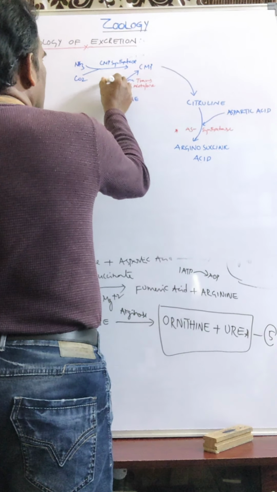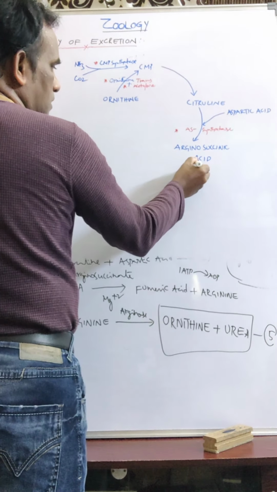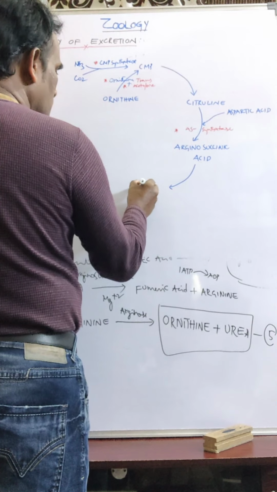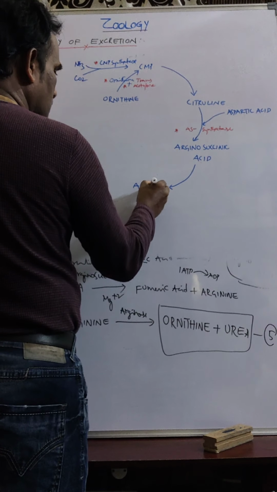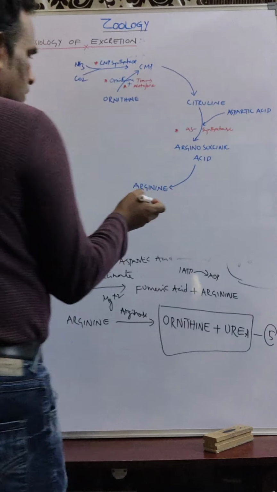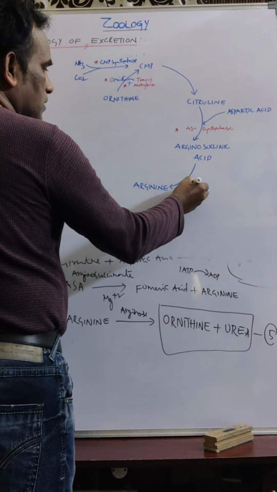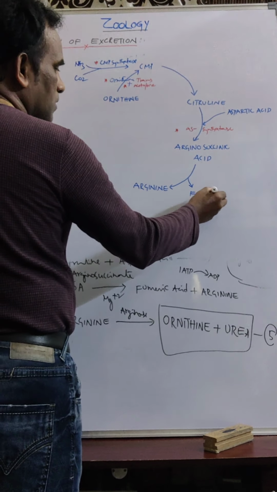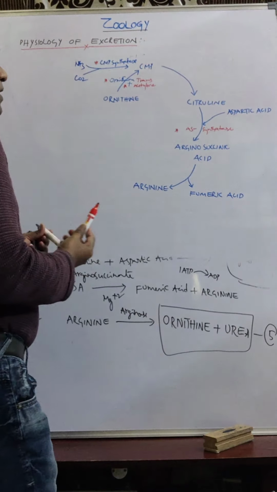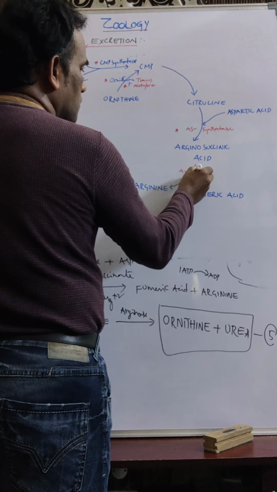Now this arginosuccinic acid is converted into arginine, and along with arginine, fumaric acid is also formed, in the presence of the enzyme arginosuccinase.